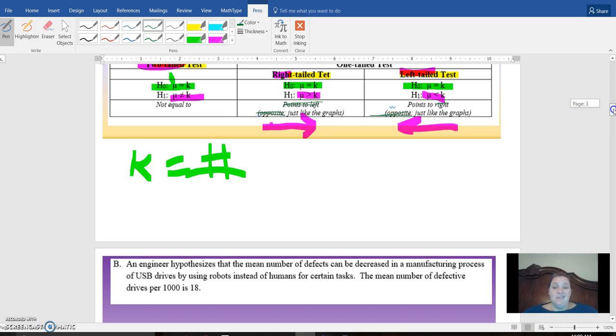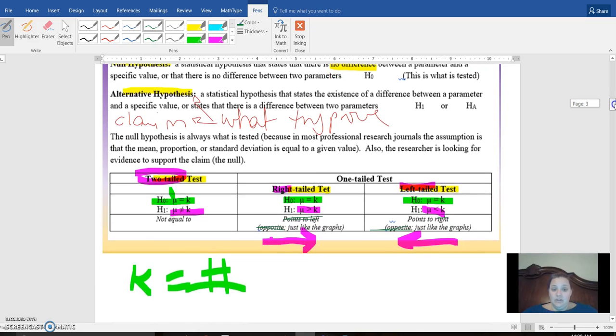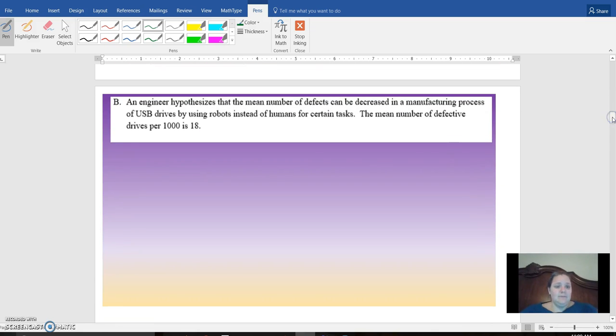All I want us to do is practice what the null is and what the alternative is. That's all I'm going to do for a couple of problems. An engineer hypothesizes that the mean number of defects can be decreased in a manufacturing process. The mean number per 1,000 is 18.